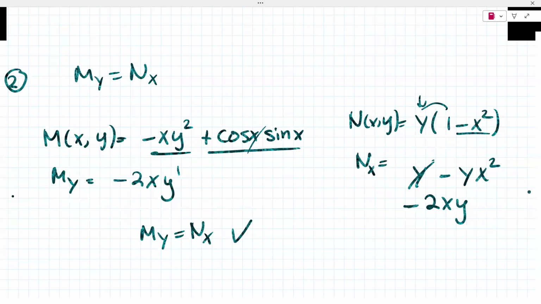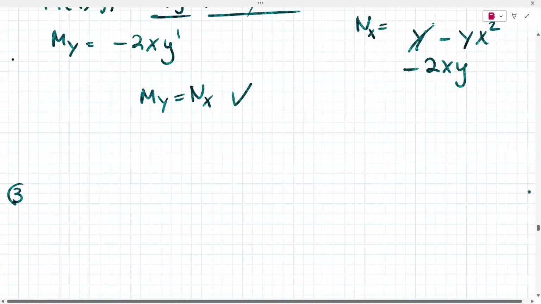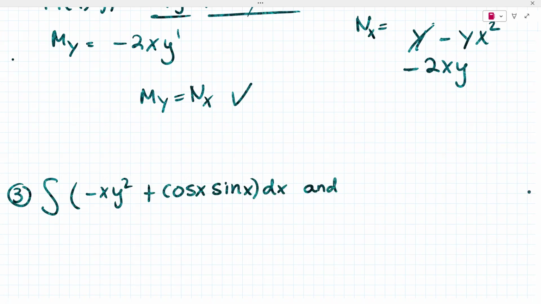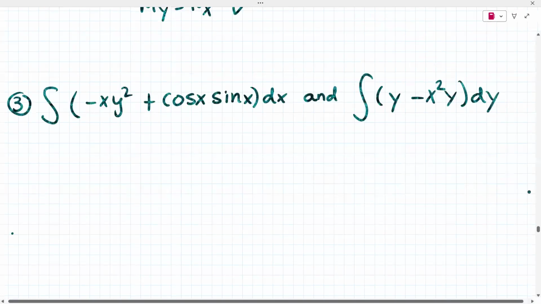Step 3, I'm going to take the integration of both sides. So this is going to be the integral of negative xy squared plus cosine of x sine of x dx. And then take the integration of y minus x squared y dy. So let's start here.